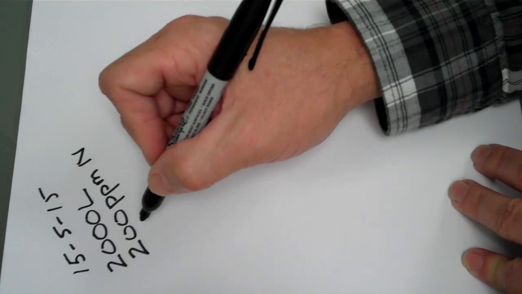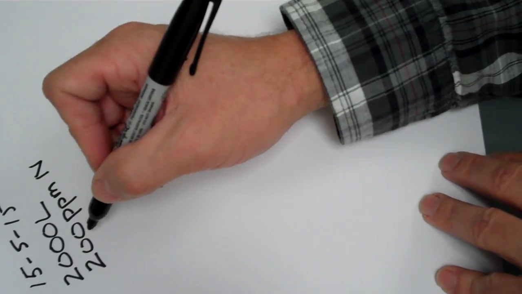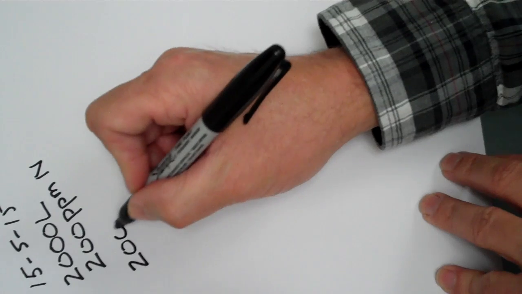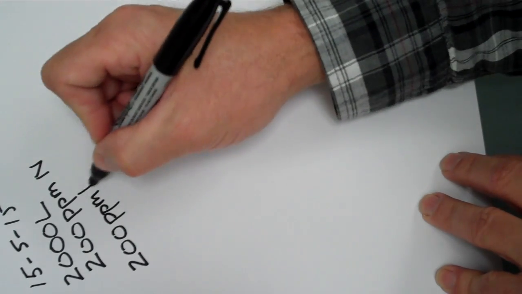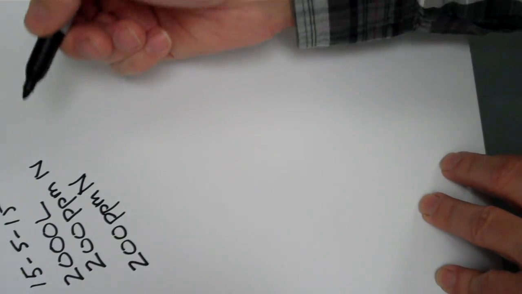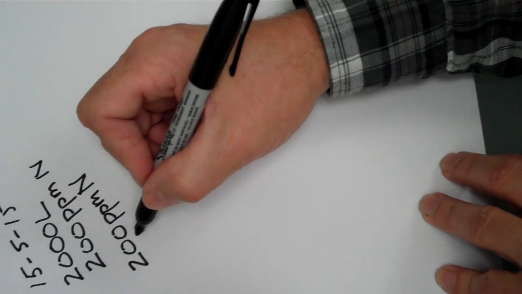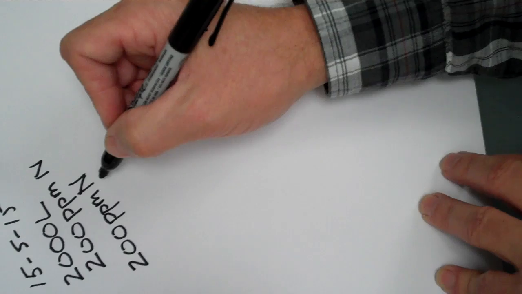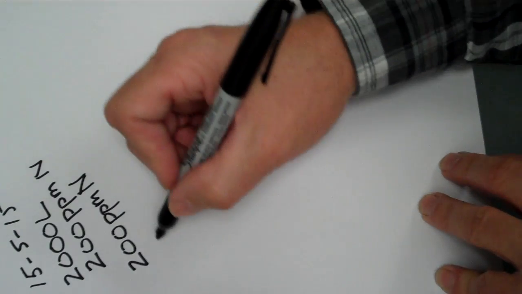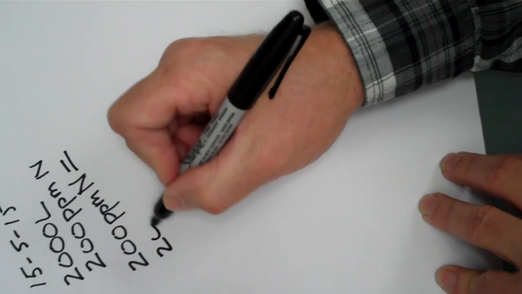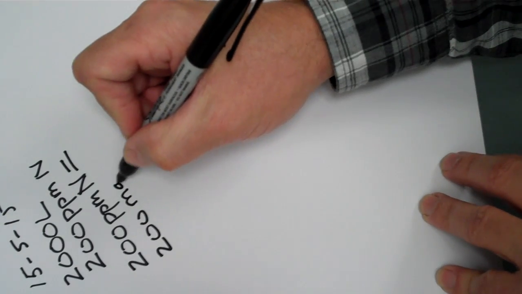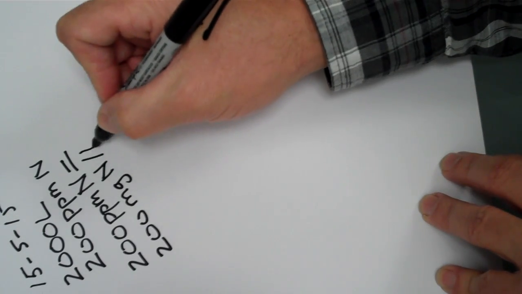The first place to start with on this would be remembering that 200 parts per million nitrogen, we don't know how to measure that really, so we convert that. 200 parts per million nitrogen by definition is equal to 200 milligrams of nitrogen per liter.